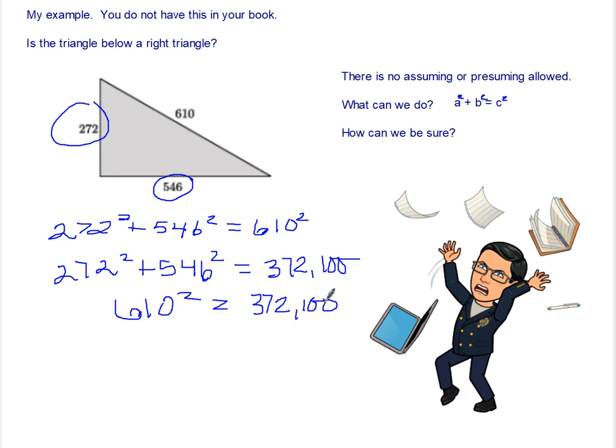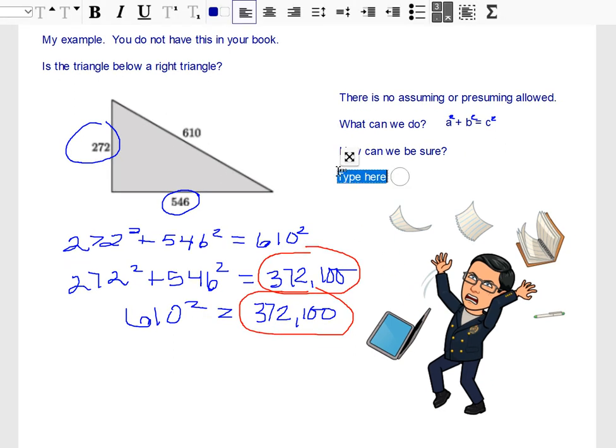Because we know that our A squared plus B squared and our C squared equaled the same thing, yes, this is a right triangle. And we proved it by showing that those were equal.